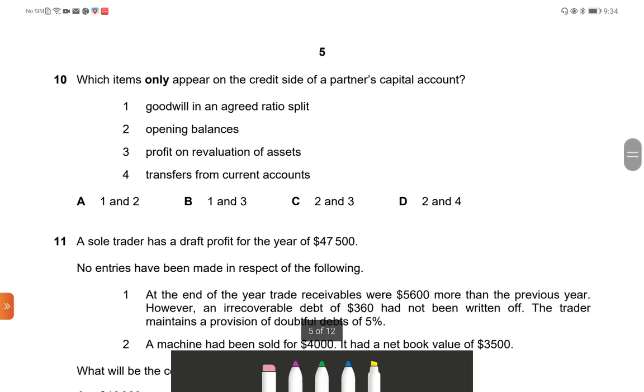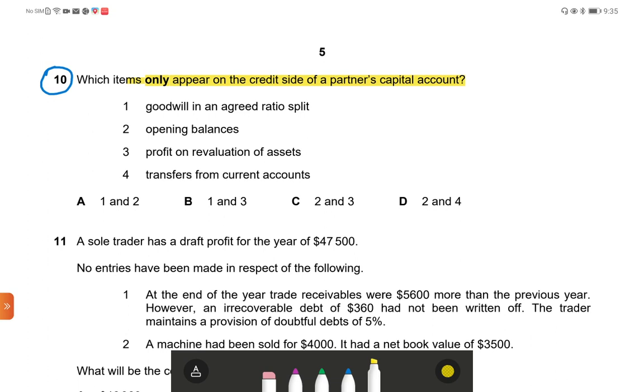Next, question number 10. Which items only appear on the credit side of partner's capital account? In partner's capital account, items increasing the capital will be on the credit side. Items decreasing it will be on the debit side.